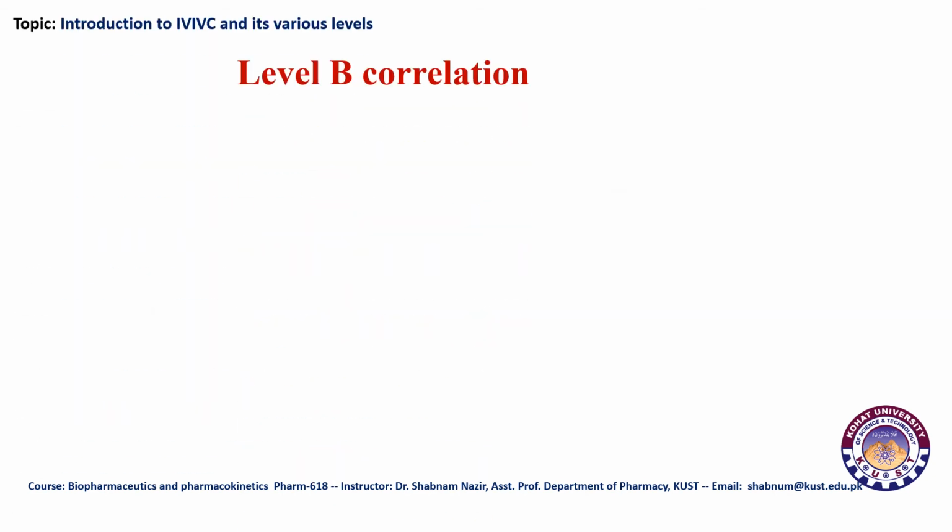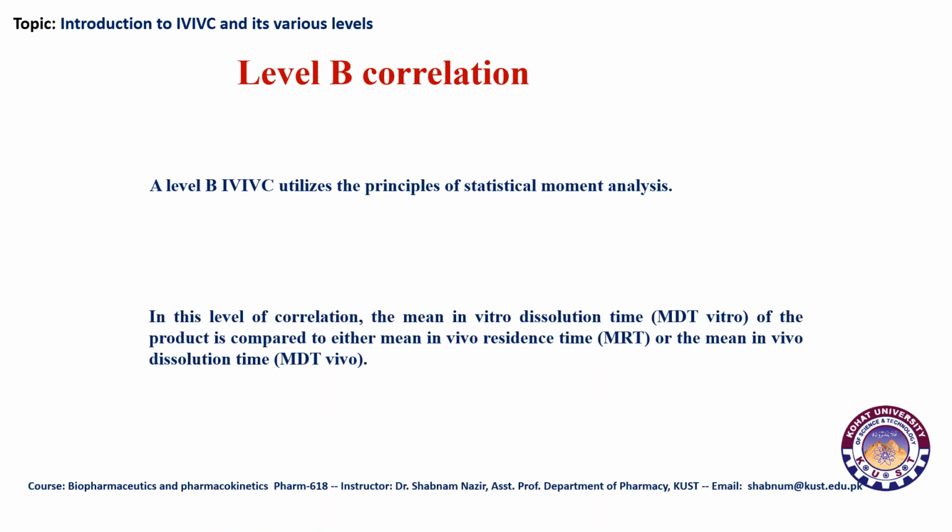Level B correlation. For this level of correlation, usually the analysis method used is statistical moment analysis, and in this level, the mean in vitro dissolution time, MDT vitro, of the product is compared to either mean in vivo residence time, MRT, or the mean in vivo dissolution time, MDT vivo.